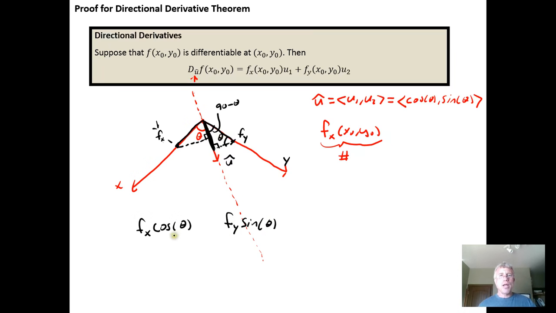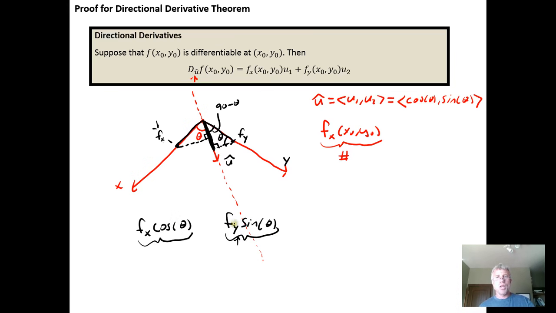So what we wind up with is that a component of the partial derivative with respect to x is in the direction of u hat, and a component of the partial derivative with respect to y is in the direction of u hat.